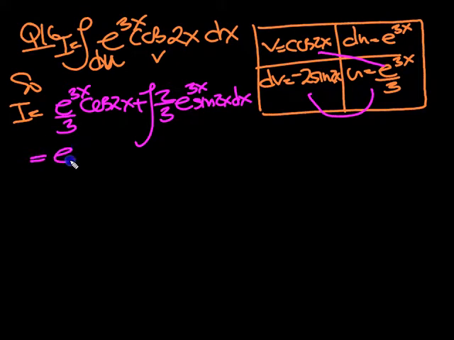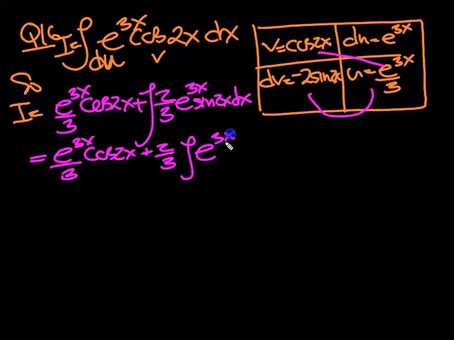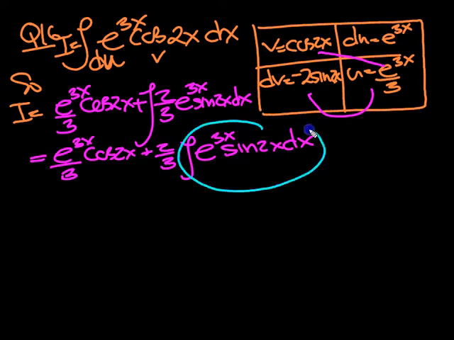So that's equal to e to the 3x over 3 cosine 2x plus 2/3 integral e to the 3x sine 2x dx. There we are, there's our subproblem then. So let's circle that. Let's label that J.